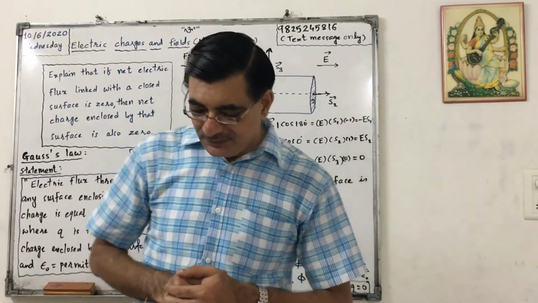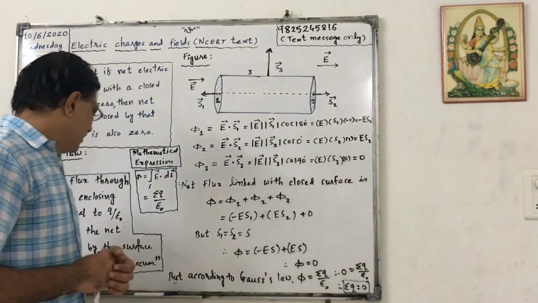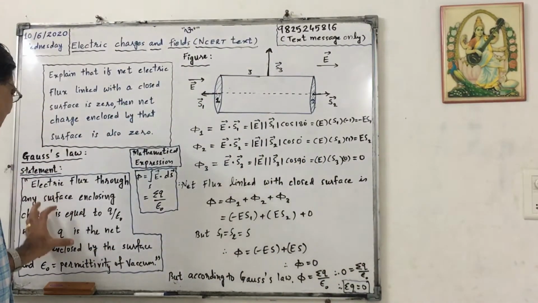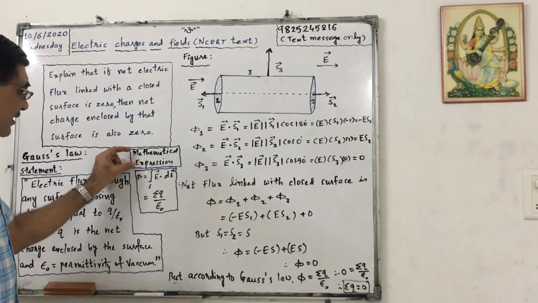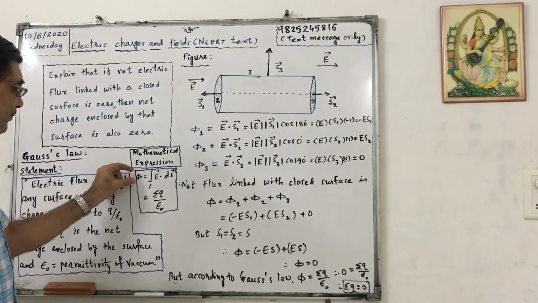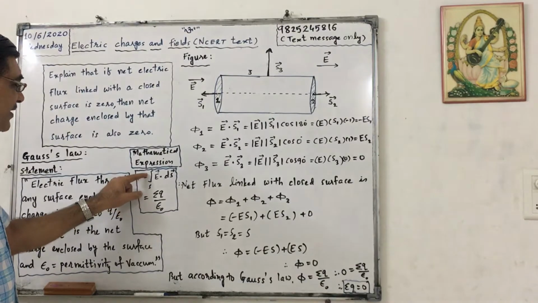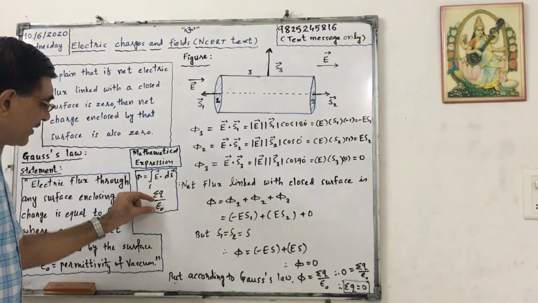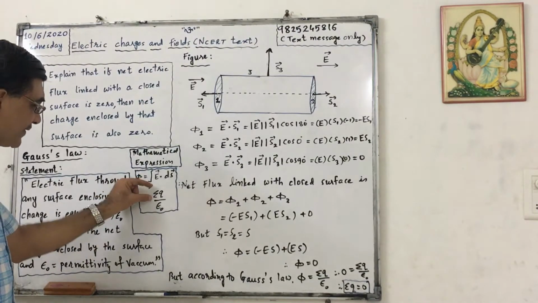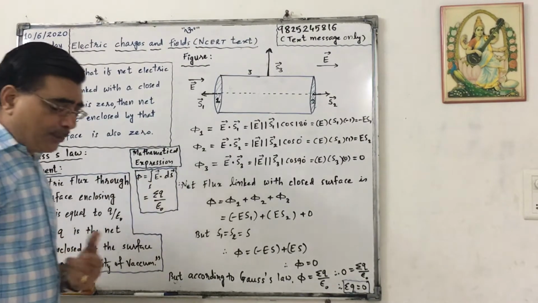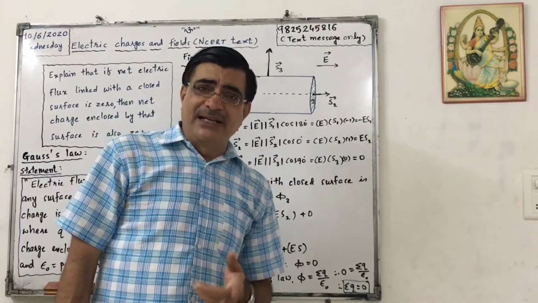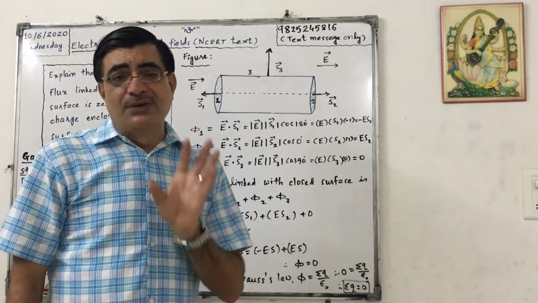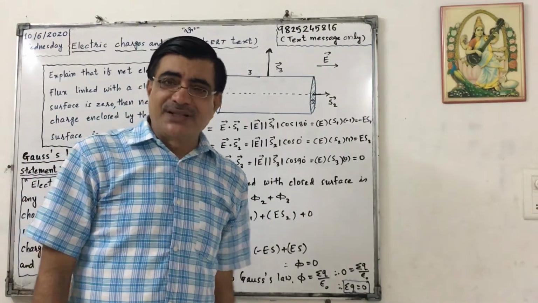Now we can write this as a mathematical expression: phi equals surface integration E dot ds equals sigma q upon epsilon naught. I have written sigma q in place of q because there may be many charges enclosed by a surface and we have to take the algebraic sum of all the charges.